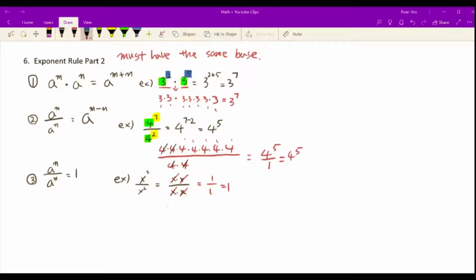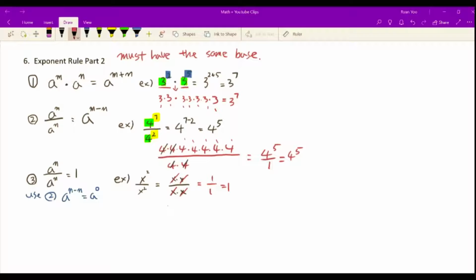Now let's derive some formula. So if we use rule 2, then we have a to the nth power minus nth power, which is a to the 0. So let's rewrite one more time.